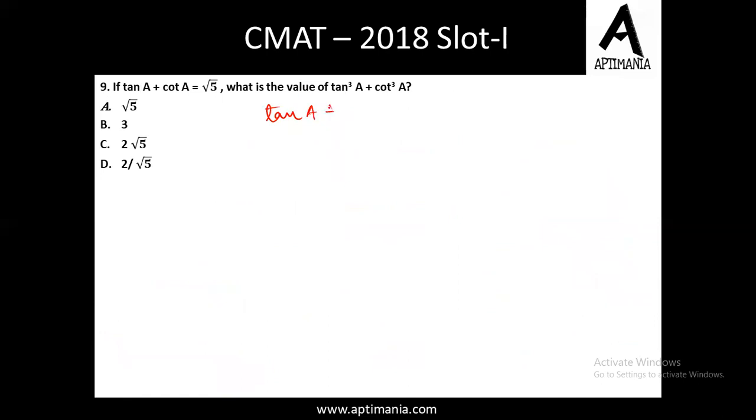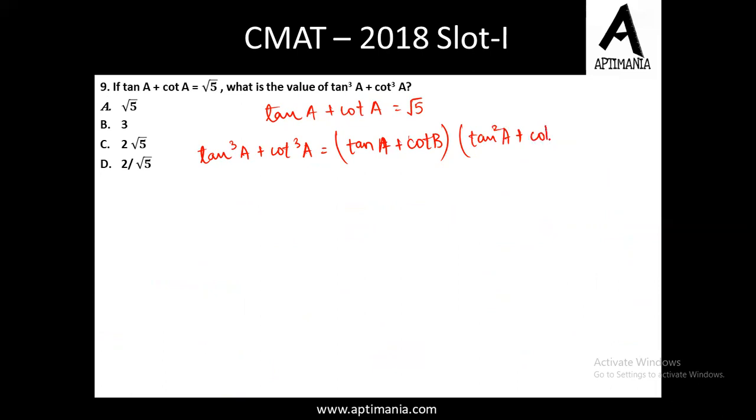tan a plus cot a is given to us as root 5. And what we need to calculate is tan cube a plus cot cube a. So applying the property of a cube plus b cube as a plus b into a square plus b square minus ab.